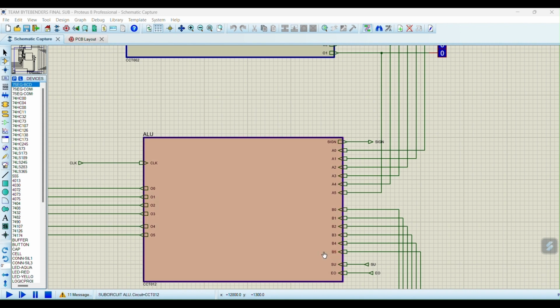We can also see two inputs, SU and EO, coming from the controller sequencer. There is a clock pulse input coming directly from the clock pulse generator, which drives the ALU operation synchronously. The 6-bit output coming out from the ALU goes directly to the bus.